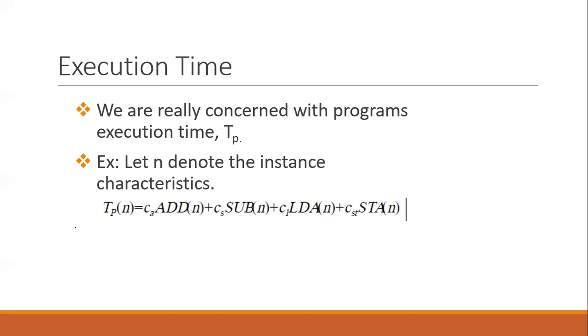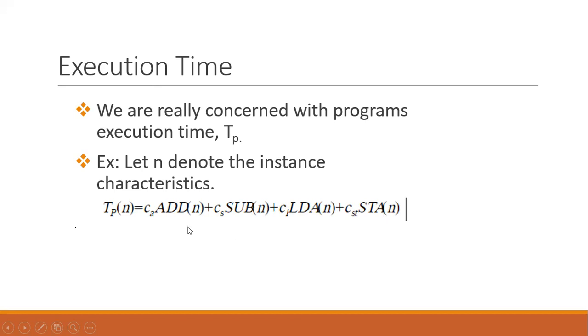Determining this execution time is not an easy task because it involves a detailed knowledge of the compiler's attributes. So for example, for an instance n, the execution time T_P is denoted as: C_A add(n) + C_S sub(n) + C_L lda(n) + C_ST sta(n). So this is an instance where multiple additions and subtractions are being done.